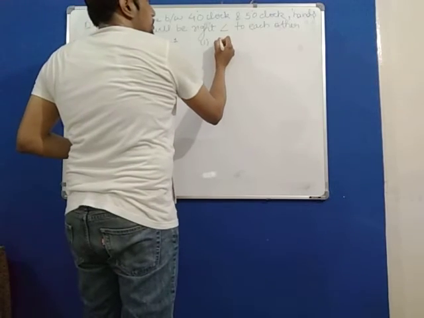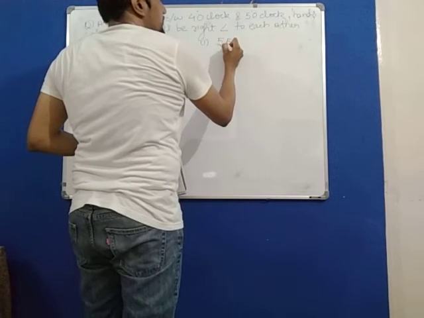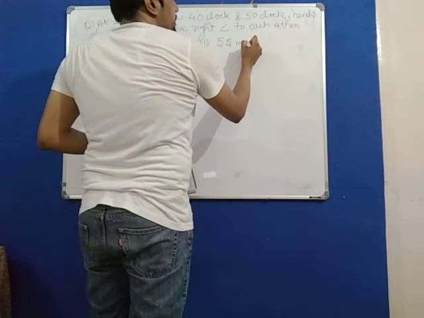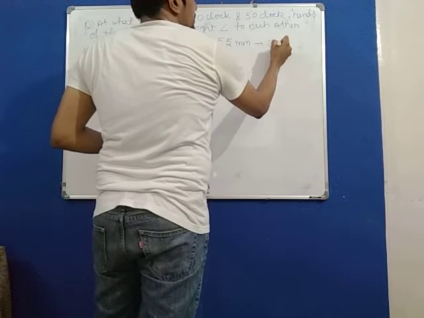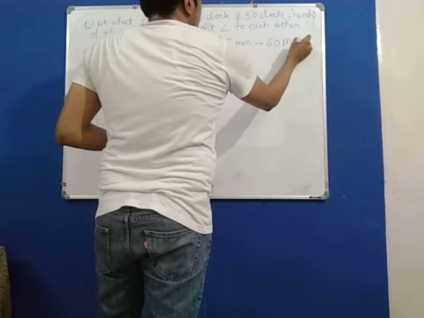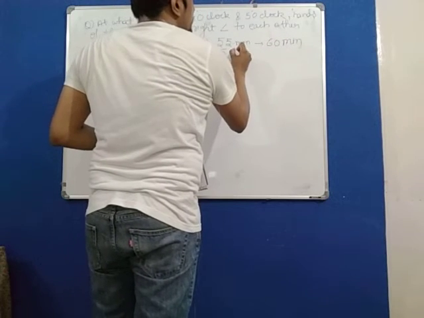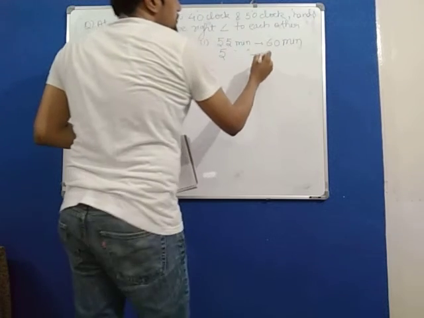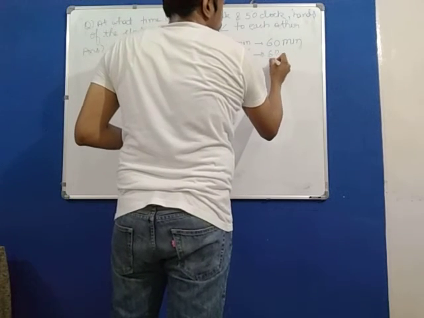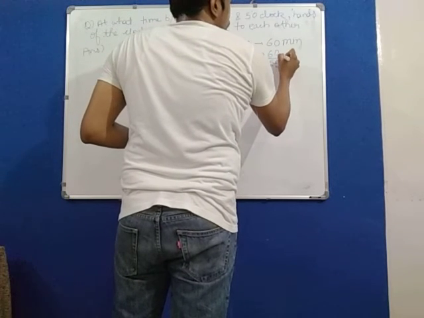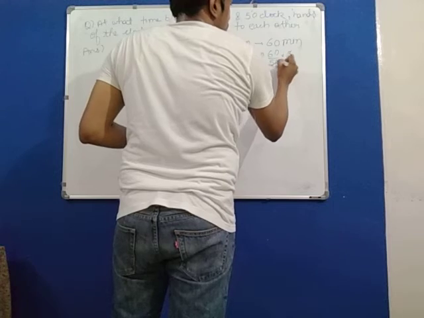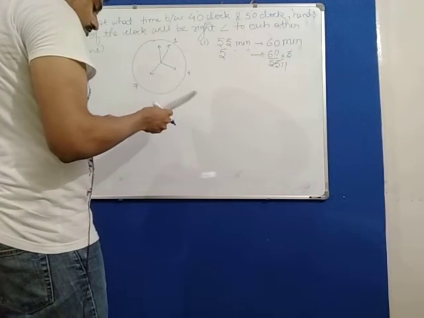So again we are going to apply the same logic that 55 minute spaces are gained by the minute hand in 60 minutes. So 5 minute spaces are going to be gained by the minute hand in 60 by 55 into 5.